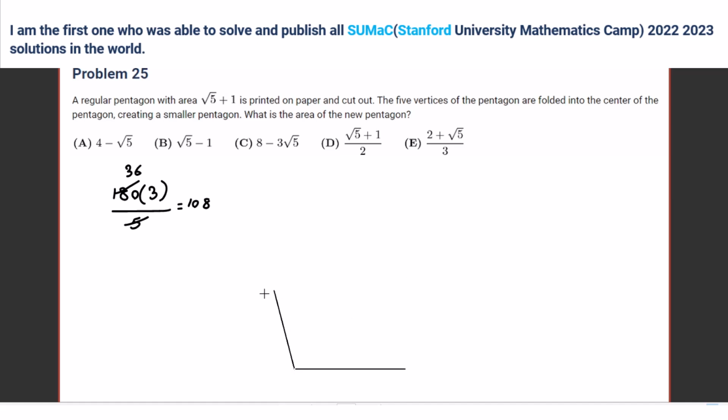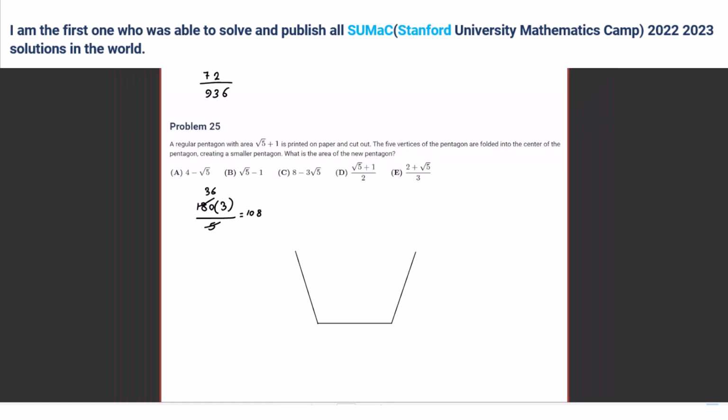So let's calculate this one first. 108. 150. 72. 150. Okay, something like this.